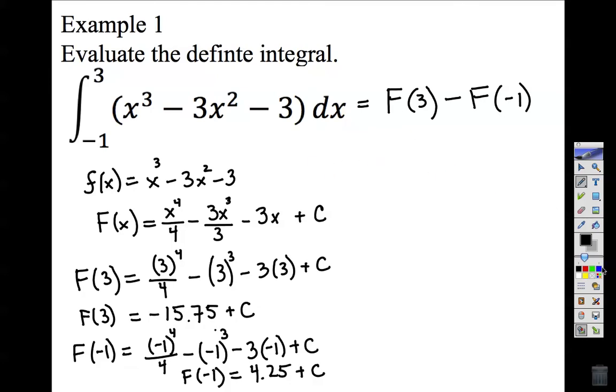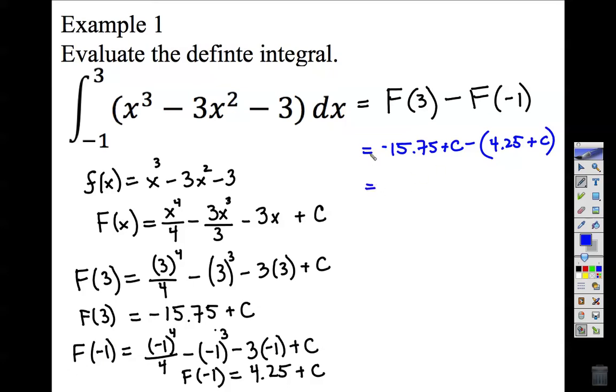So that is going to equal negative 15.75 plus c minus 4.25 plus c. Again, c in this case is going to be 7, 18, any number, it doesn't matter. It's going to be the same exact number, because this constant is not multiplied with the 3 that I'm finding for F of 3, or with the negative 1 when I'm finding F of negative 1.